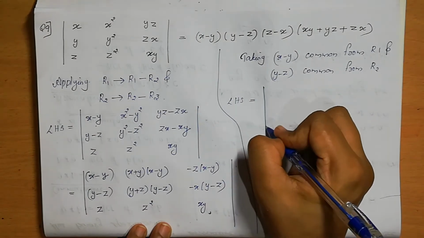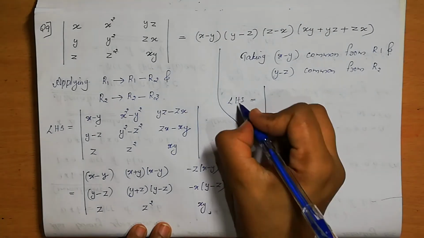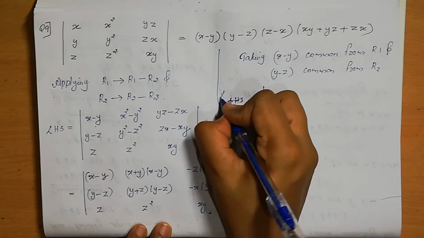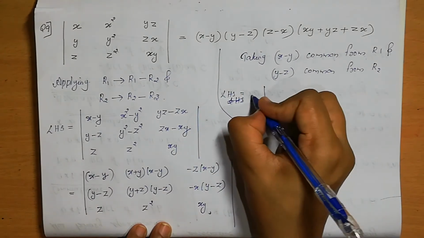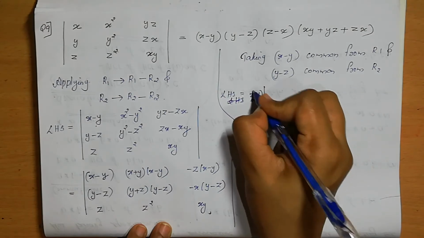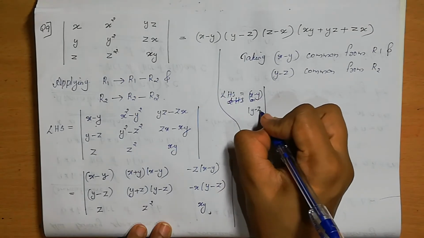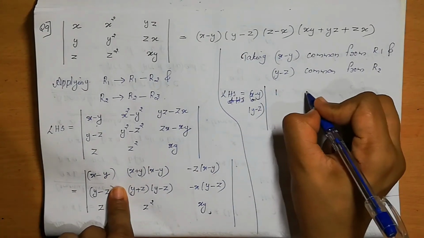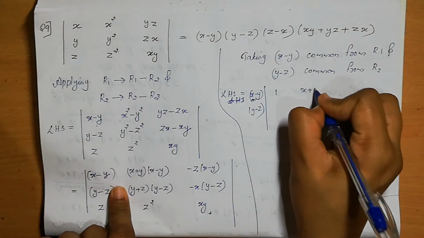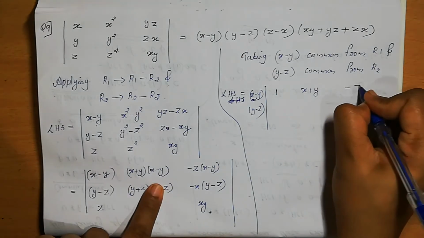So this LHS we can write it as, taking common means that we need to write outside. LHS equal to, so what we need to write outside? X minus y into y minus z outside. So x minus y common means what is remaining? 1 x plus y minus z.